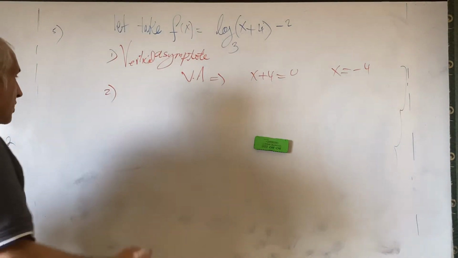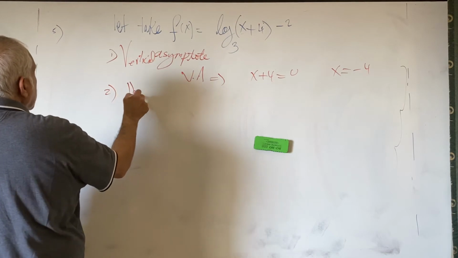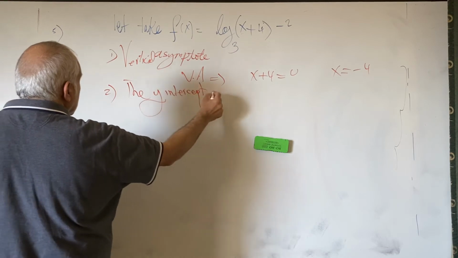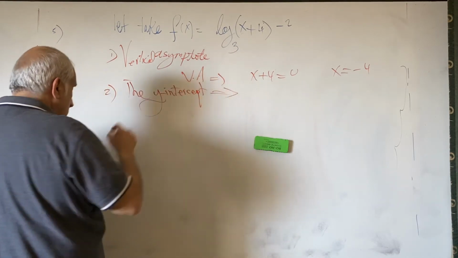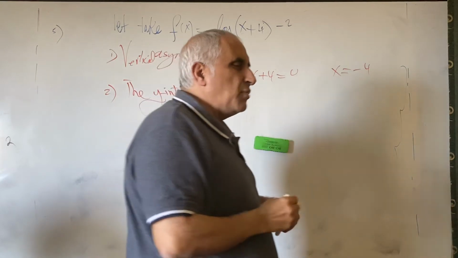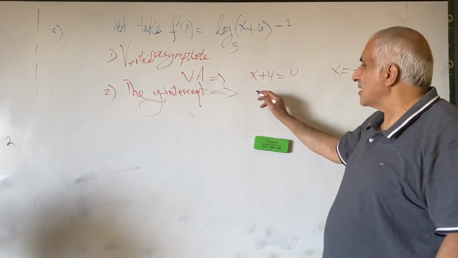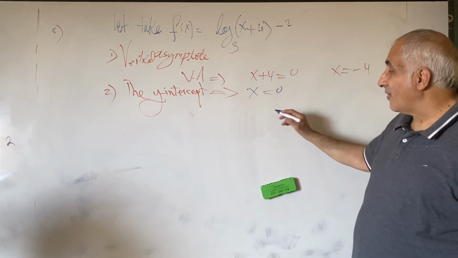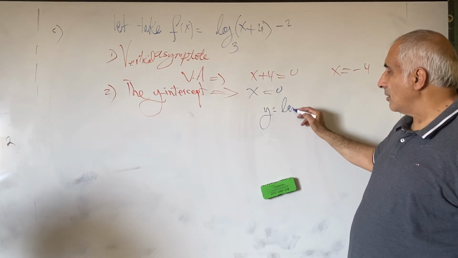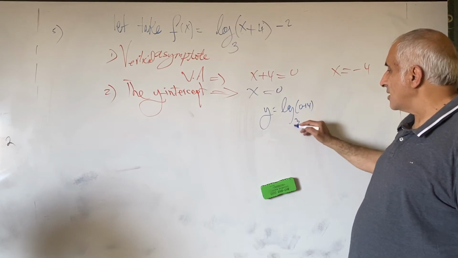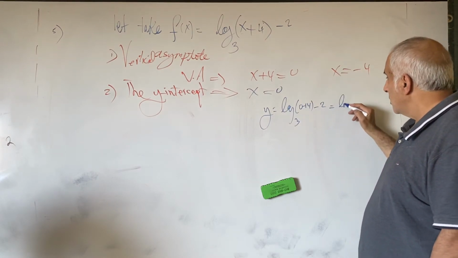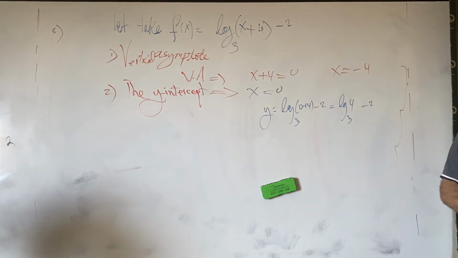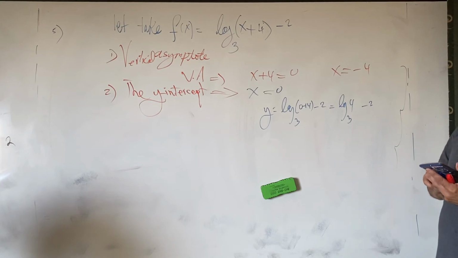What happens if I'm looking for the y-intercept? You know that, all functions have the same. So you're going to say x equals 0. Let's go there and substitute 0. If I'm looking for y, I'm going to take log of 0 plus 4 to the base 3, minus 2. Use the calculator. You have to. You cannot stay without it.